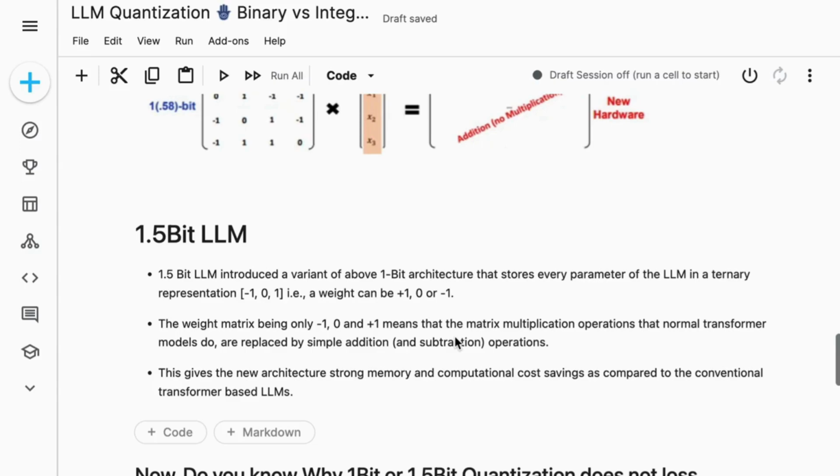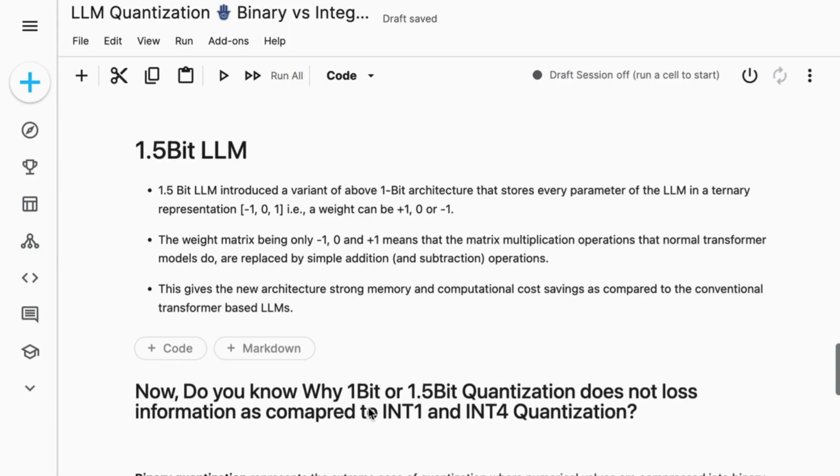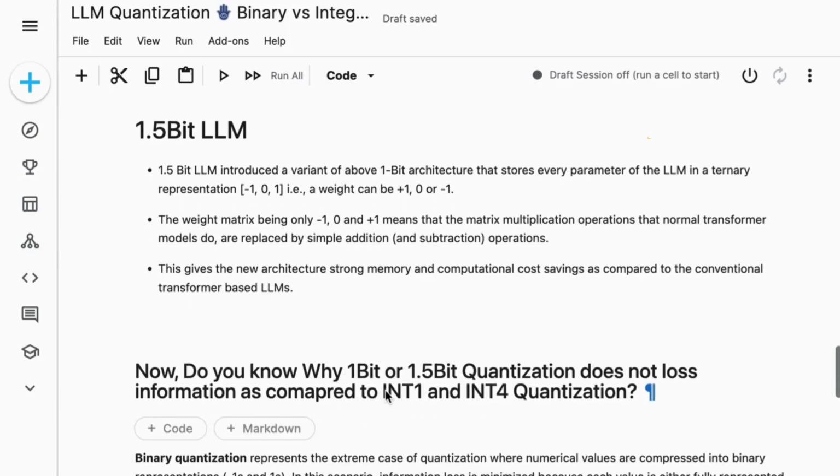Okay, so this architecture gives us strong memory and computational cost savings compared to conventional transformer-based large language models. Now the question is: why does 1-bit or 1.5-bit quantization not lose information, compared to INT1 and INT4 quantization?